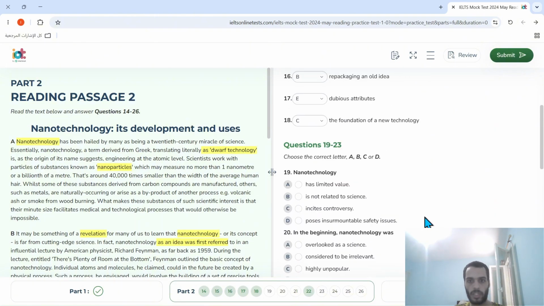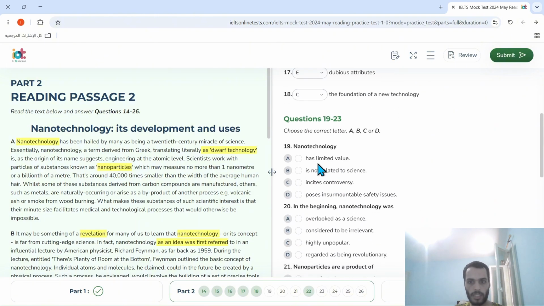Nanotechnology has limited value, is not related to science, incites controversy, poses insurmountable safety issues.